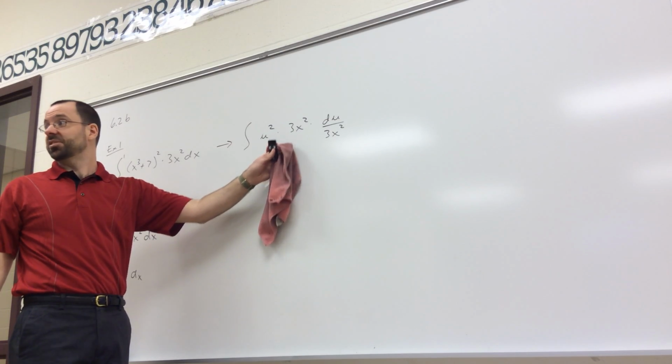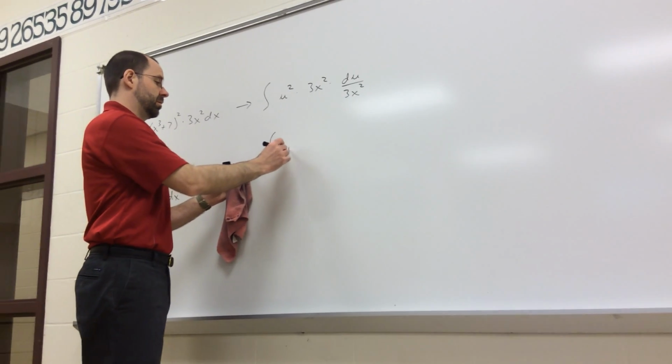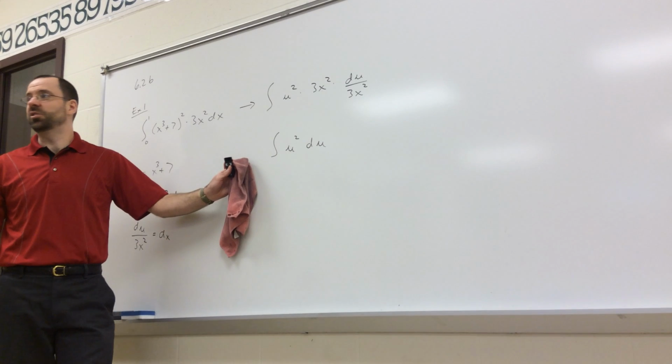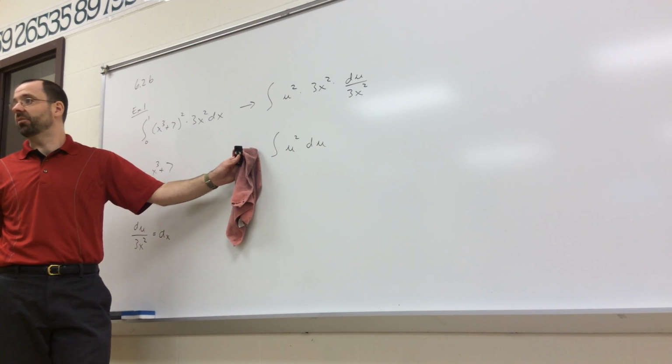So then that's nice because the 3x squareds are canceling. So my U substitution was successful because now I've got an easier antiderivative.